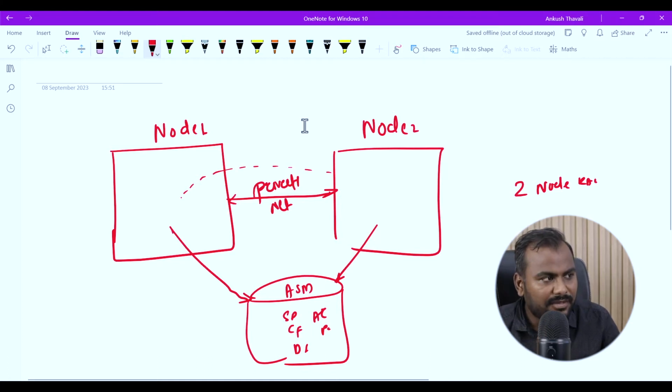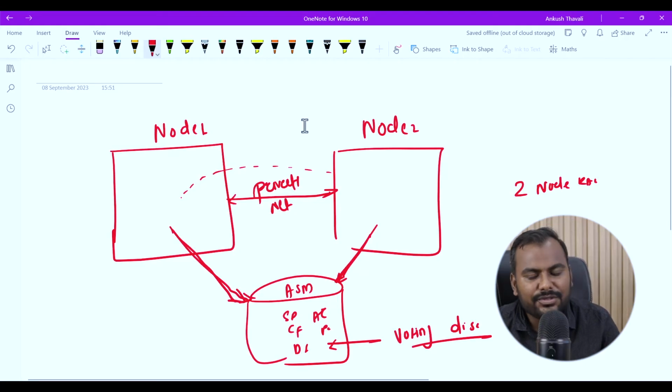Node 1 and node 2 are also communicating with this ASM storage. This is the ASM storage where one more important file is going to be stored. We call it the voting disk. So your voting disk will be part of your ASM.